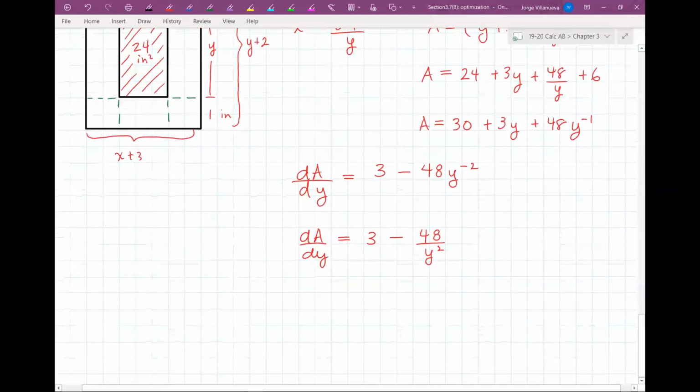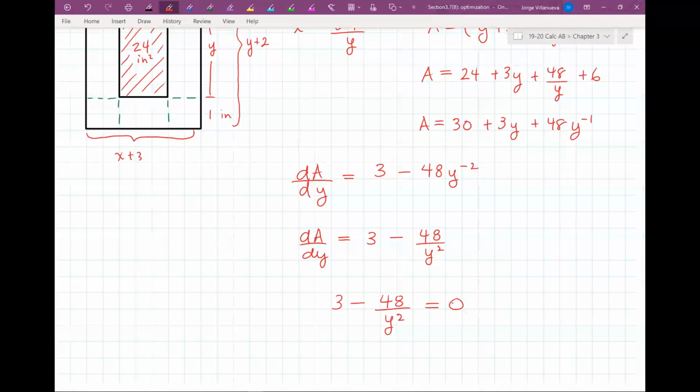Now, if I can simplify that, well, actually, we don't have to, because all I have to do here is set it equal to 0, right? If I'm going to optimize it. So 3 minus 48 over y squared equals 0. At this point, I'm going to stop, and you guys are going to solve for y, okay? And then tomorrow we'll talk about it.